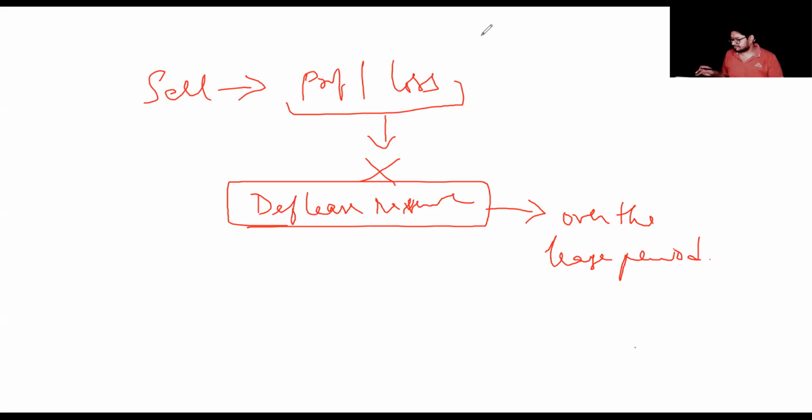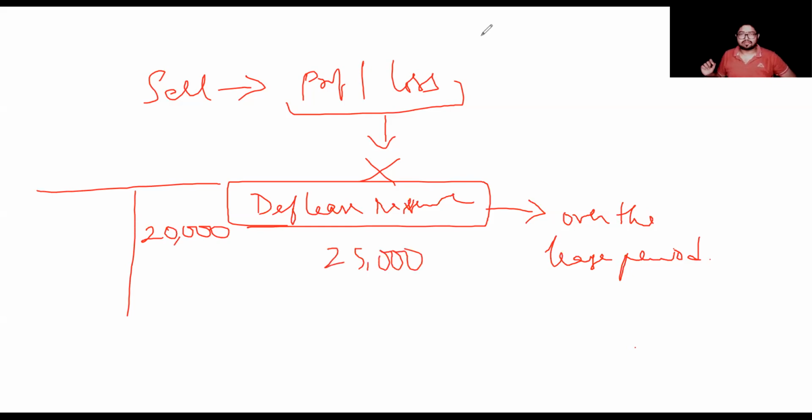For example, right now in my balance sheet, I have 20,000 rupees worth of asset. This asset I sold to a party for 25,000 and took it back on lease.